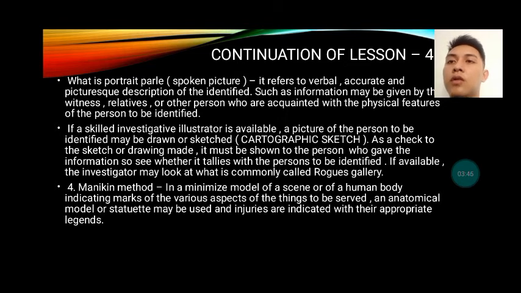It's called a cartographic sketch. As a check on the sketch or drawing made, it must be shown to the person who gave the information to see whether it tallies with the person to be identified. If available, the investigator may look at what is commonly called the rogues' gallery.